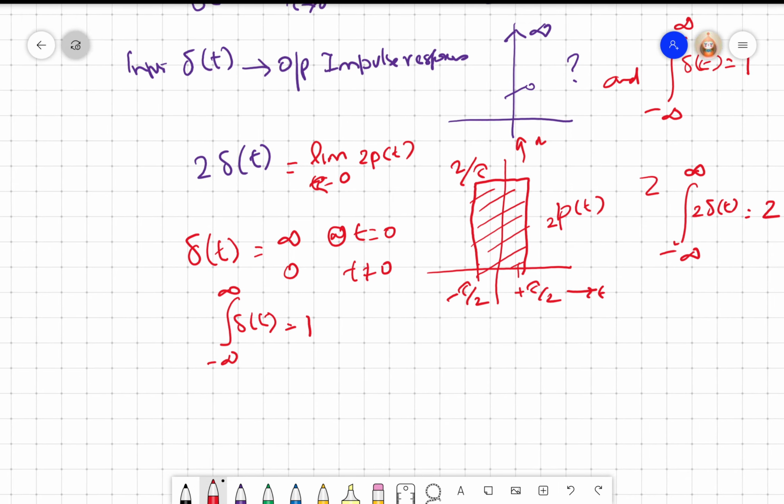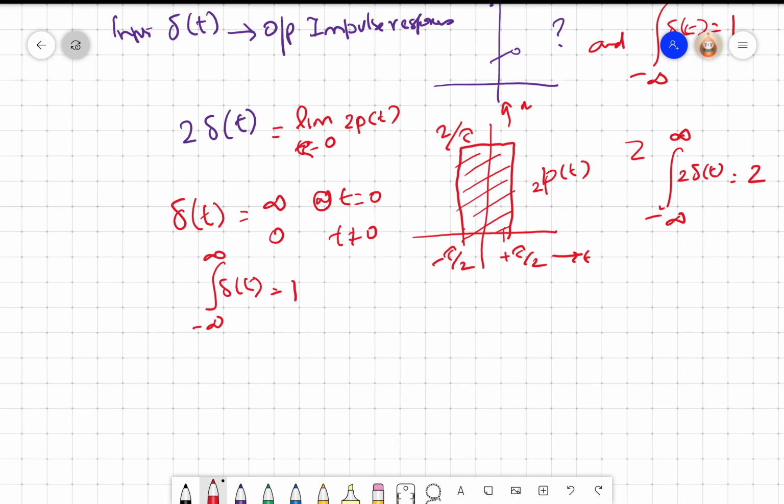So this is one way of giving the definition of del of t, and we can define the impulse function.